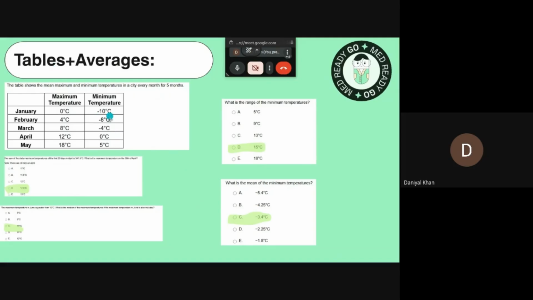So minus 10, minus 8, minus 4, plus your 5 gets you minus 17, and then divide by 5. Sorry, I think I made a mistake. Yeah, so minus 3.4.